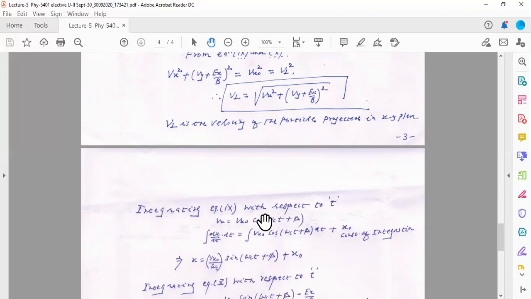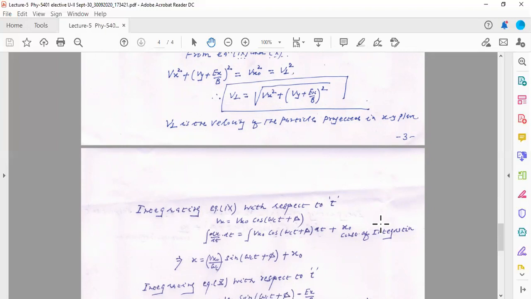You see, Vx is simply dx by dt, and you integrate with respect to t. This is the integration of Vx0 cosine of omega ct plus phi with respect to t, and I am writing x0, which is basically a constant of integration representing the x coordinate of the particle of plasma at t equal to 0 second.